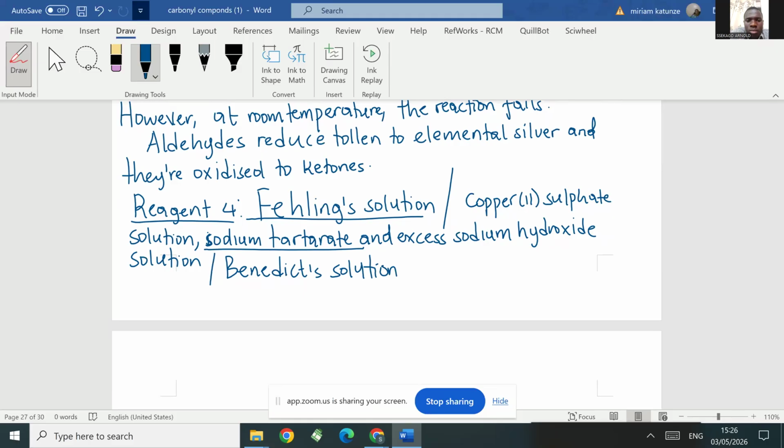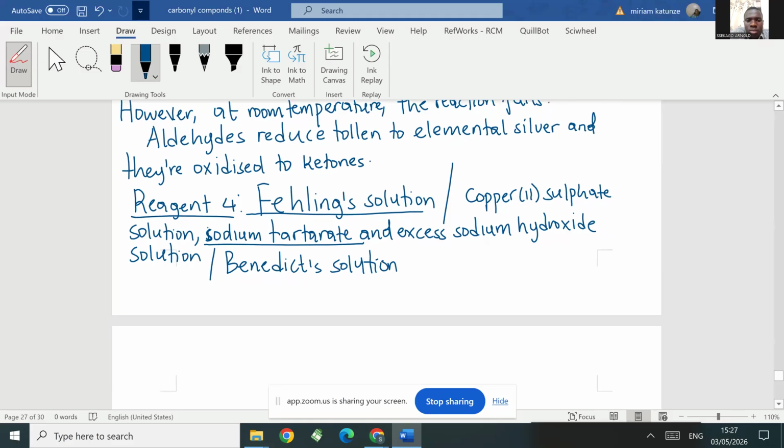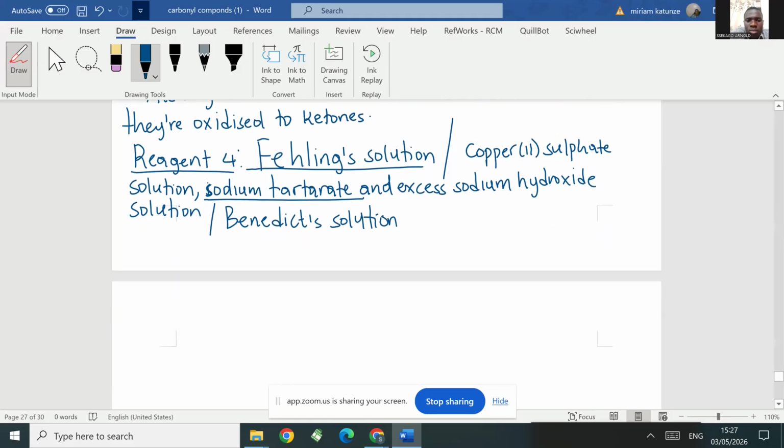But if you want to know it technically, it is copper 2 sulfate solution with sodium tartrate, that is sodium oxide complexed with carbon and hydrogen, and excess sodium hydroxide solution. In some books, you also find it called Benedict solution.